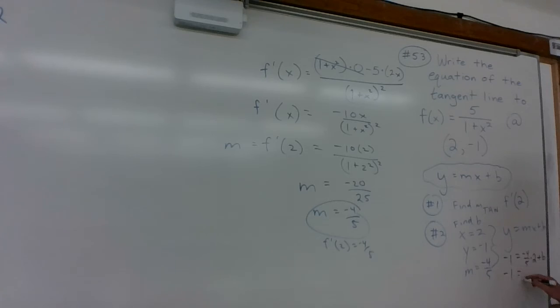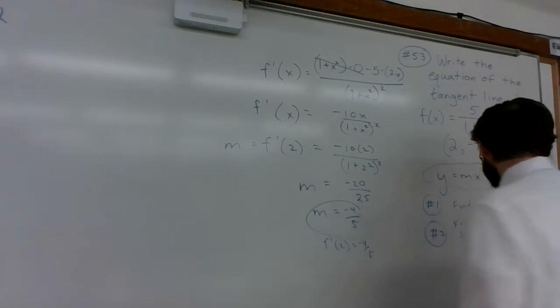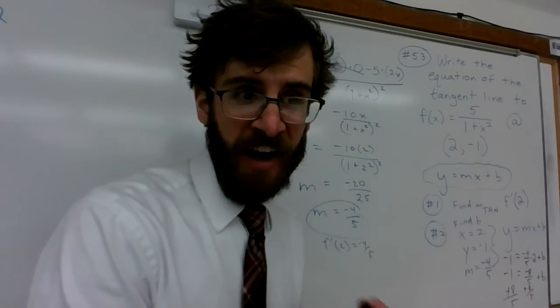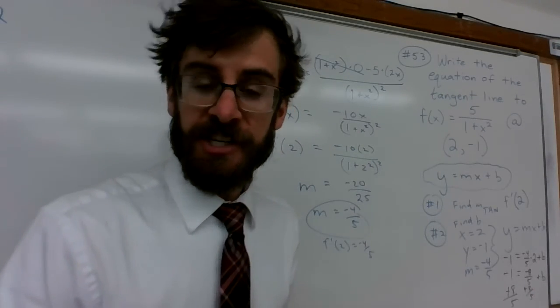So it's negative 1 minus, this is going to be negative 8/5 plus b. And then I would add 8/5 to both sides. It's kind of like you're taking 8/5 minus 5/5 because that's what 1 is. So you get 3/5 for b.